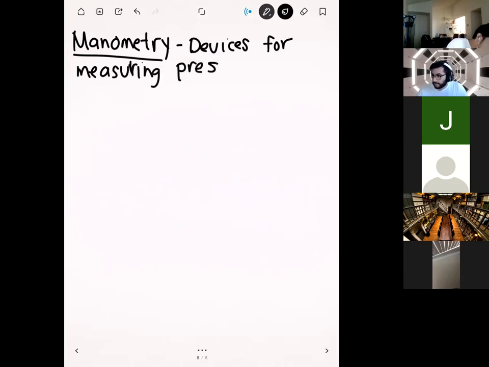Okay, so manometers are basically devices for measuring pressures, but we just don't really use them anymore because we have more convenient things. But the way they work is they use the concepts of hydrostatics. Okay, so a very basic manometer. This one's called the piezo tube or piezometer tube. So it might look something like this.